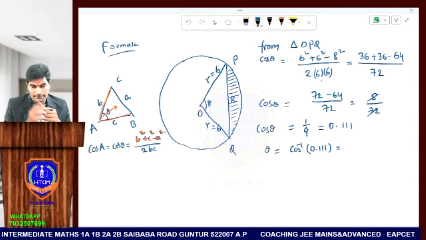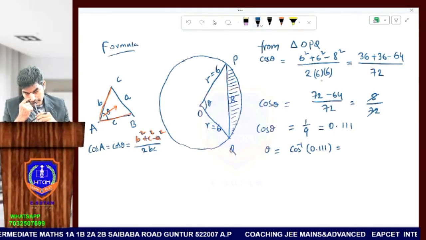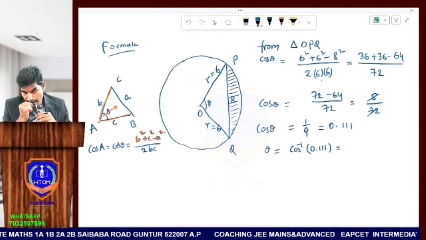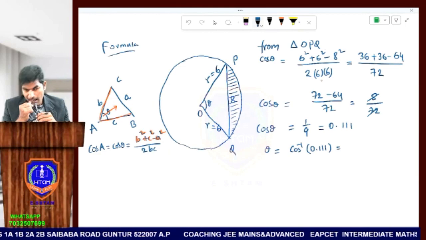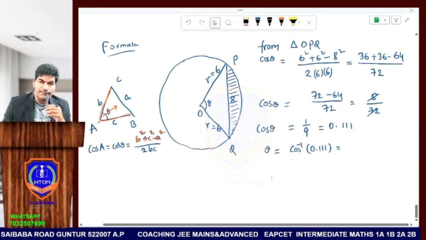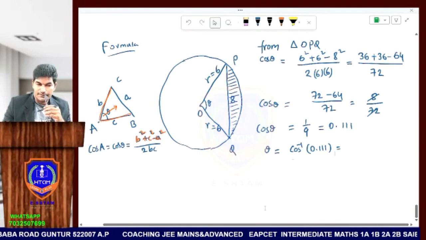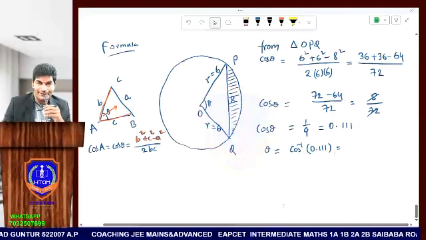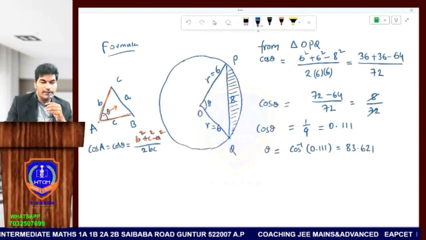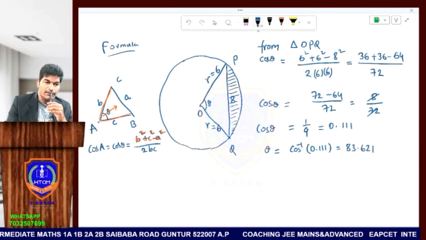It should be approximately 83 degrees, not 89 or 90. Calculate again. So theta is 83.621. Now we will calculate the area of the segment.